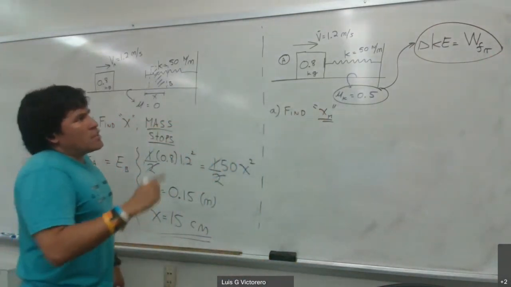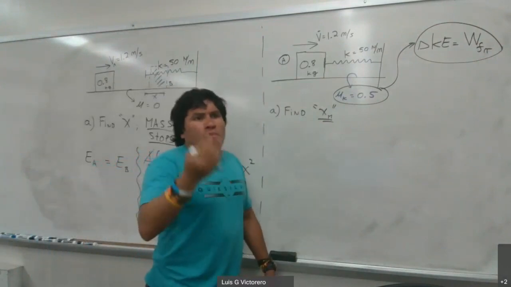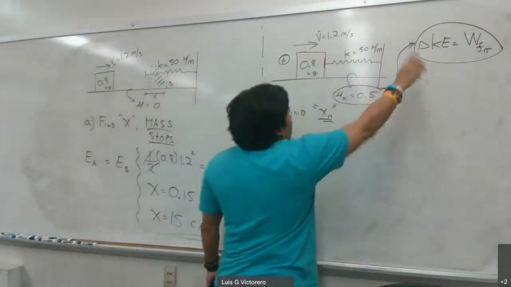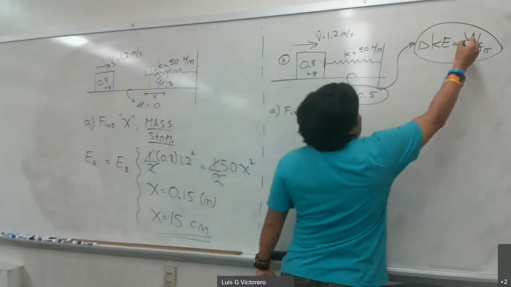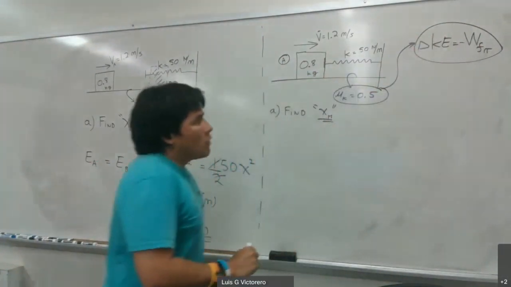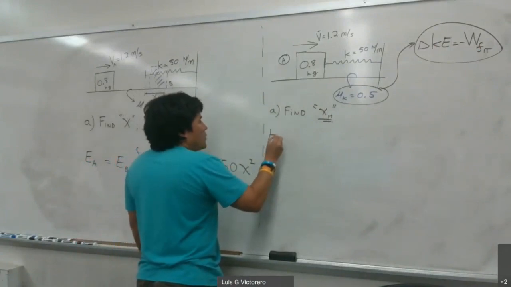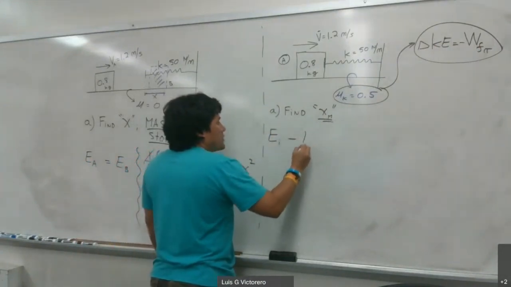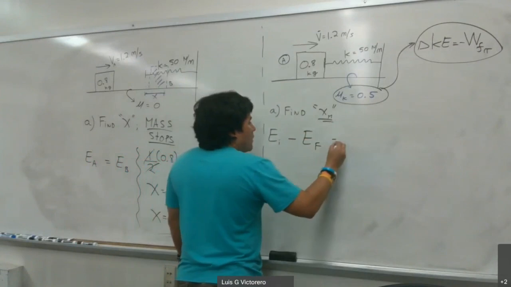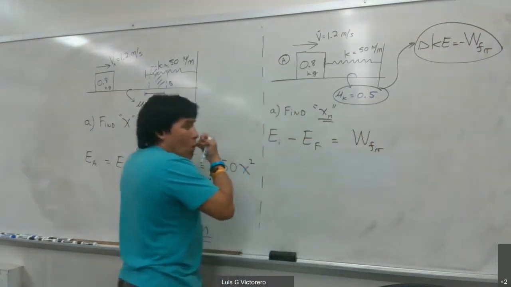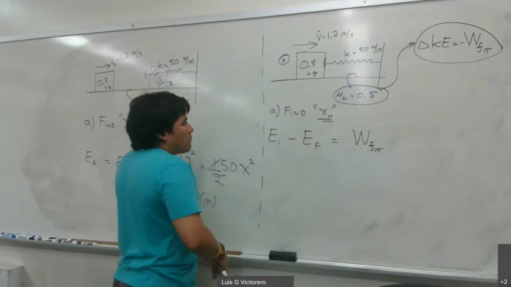Now you're probably thinking, but the change of kinetic energy will be negative. To apply that, you can say yes, minus the work done by friction. Or you can say energy initial minus energy final equals the work done by friction. So you get a positive here and positive there.